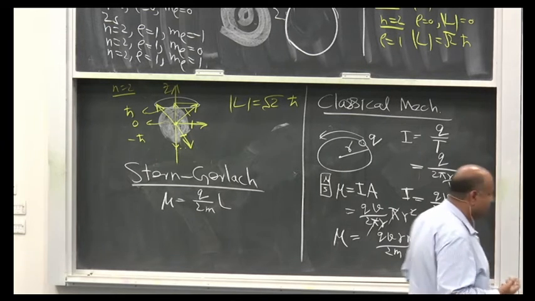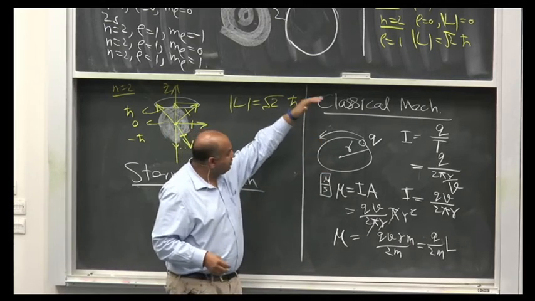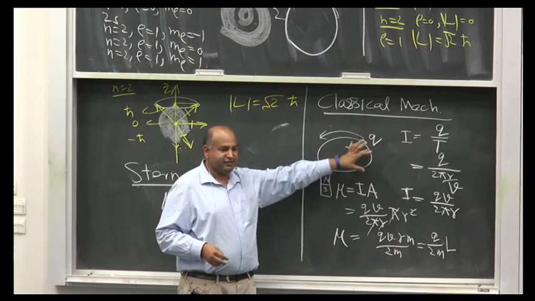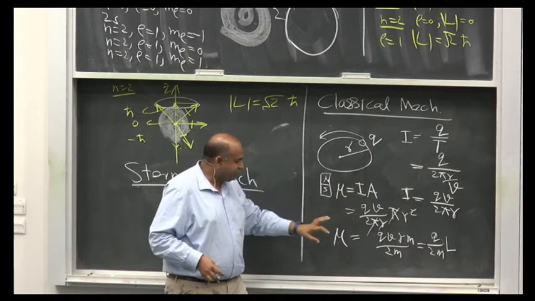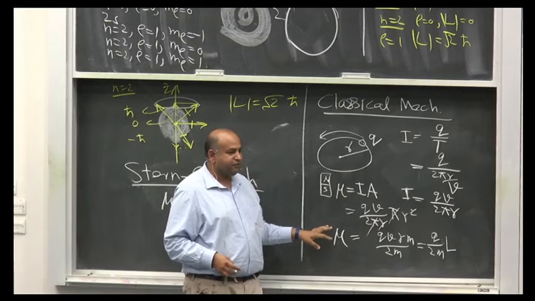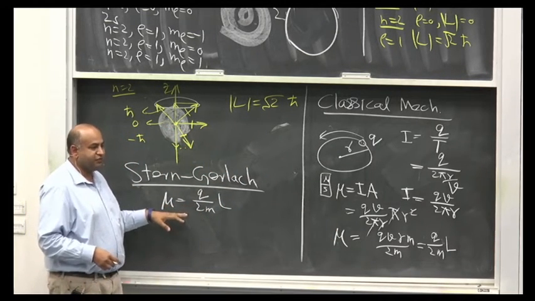ओके, yes I did for circular orbit. Everything here is valid only classically. The final result, which is a relationship between angular momentum and magnetic dipole moment, turns out to be correct in quantum mechanics, which we are not deriving.